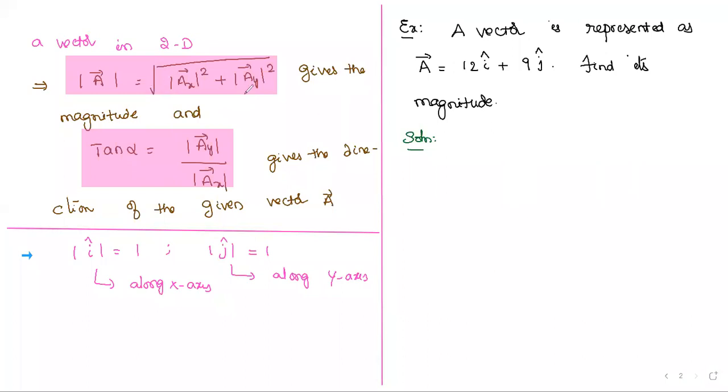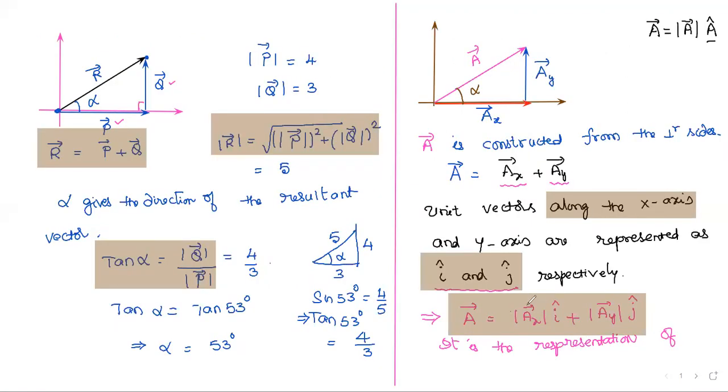We are actually using the same formula here. Mod a bar, magnitude, means mod a bar equals under root of mod a suffix x whole square plus mod a suffix y whole square. In the representation of the vector, you can see this is mod ax and this is mod ay.